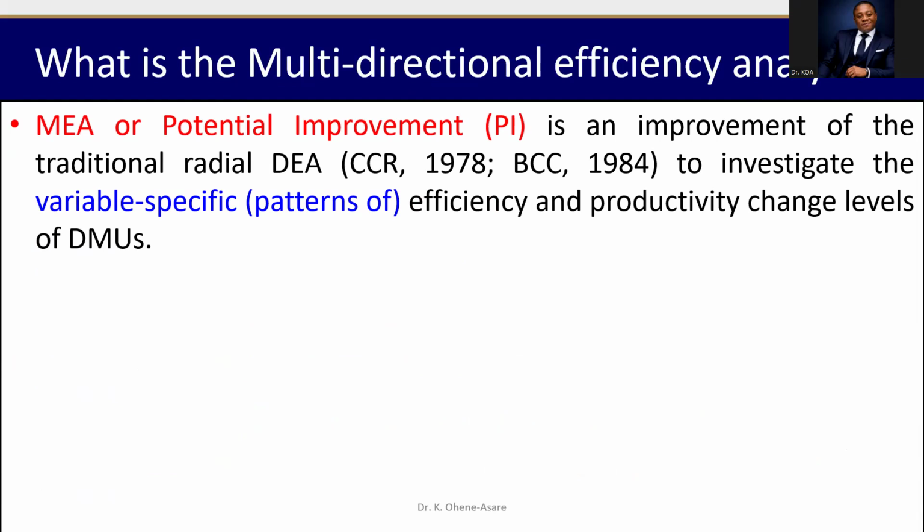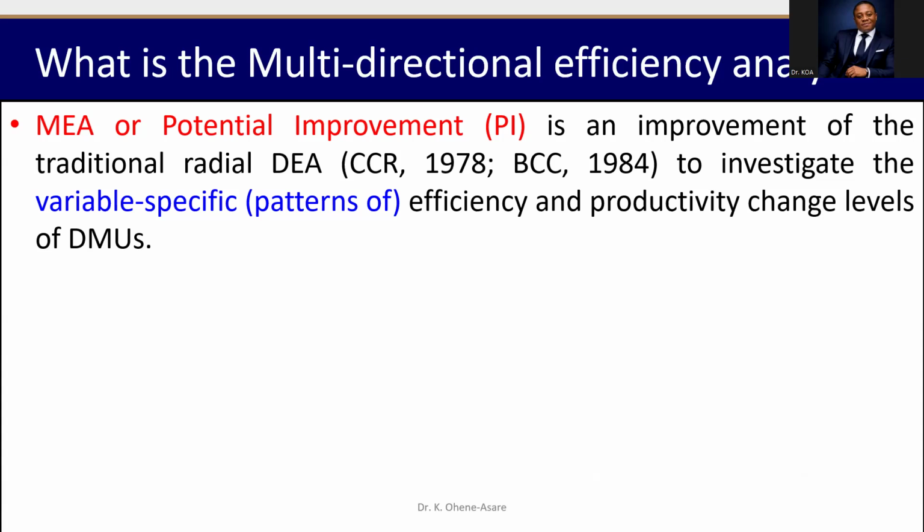It's sometimes called the potential improvement method or potential improvement analysis. And why is this so? Because it improves the traditional radial DEA models. How does it improve it?